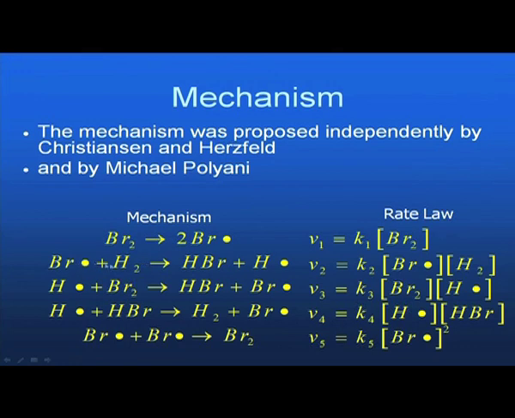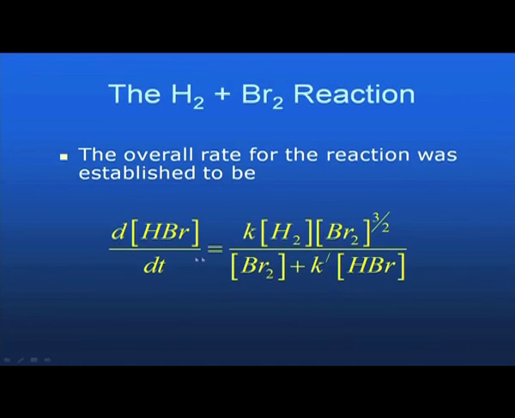Then there are other steps like Br plus H2 producing HBr plus H dot, then this H dot is used up, okay, to produce HBr and Br dot, and then H dot again reacts with HBr, okay, to produce H2 plus Br dot. You see, if you look into this expression, you will be seeing that this HBr is in the denominator.